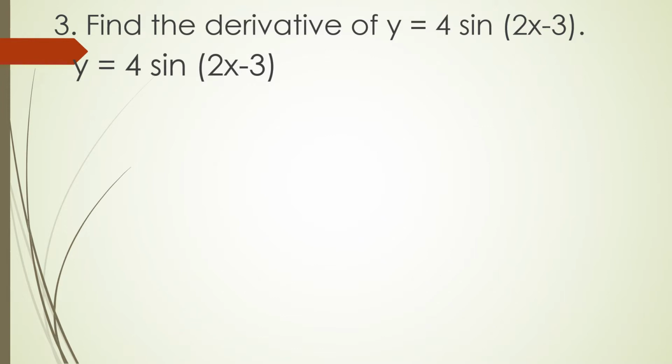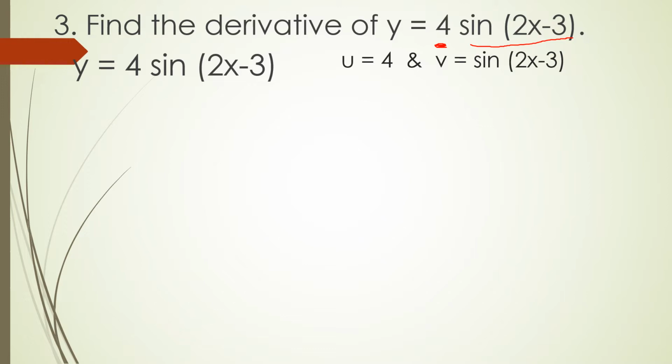Y is equal to 4 sine 2x minus 3. So you have to apply the product rule, u dv plus v du. Our u is 4, like one term, and this is another term. Remember, whenever there is a number, an expression, or a variable before the sine, you will use the product rule.